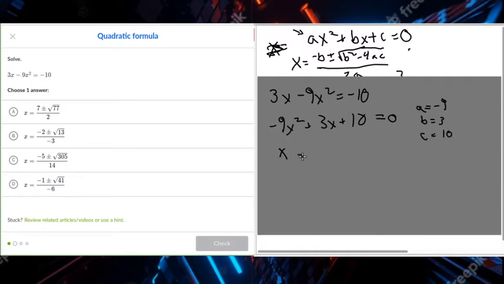So x is negative 3 plus or minus the square root of 9 minus 4 times negative 9 times 10, all over 2 times negative 18.